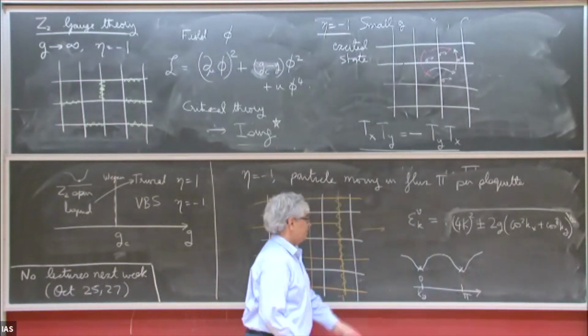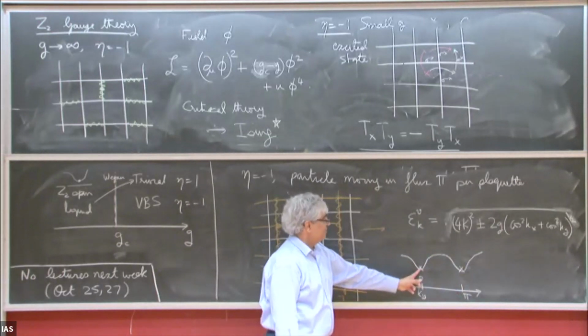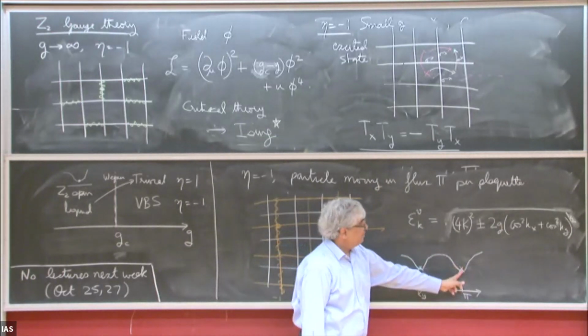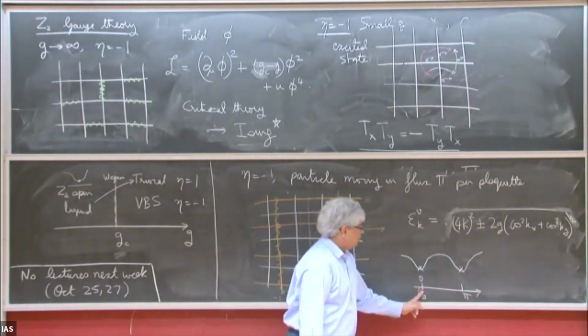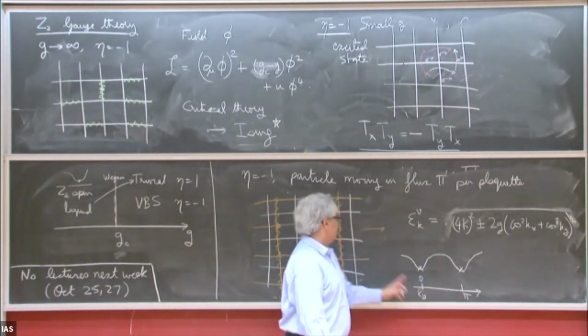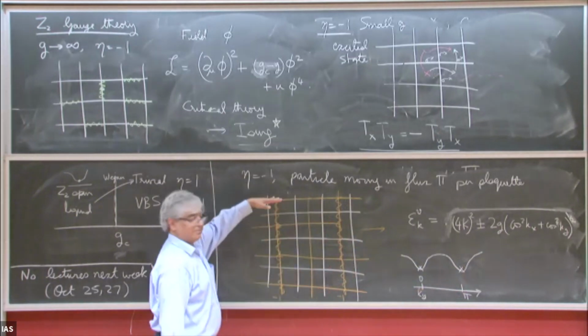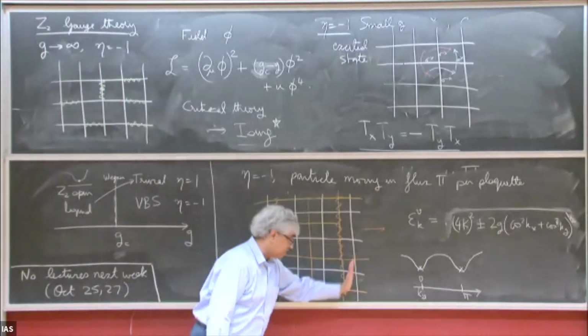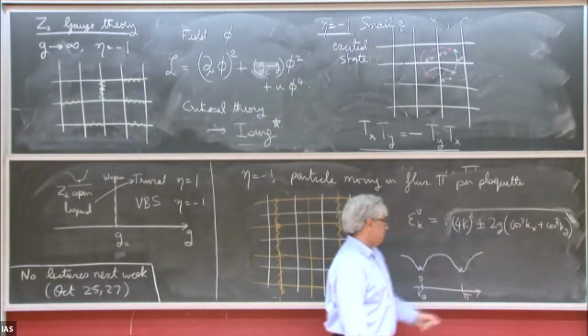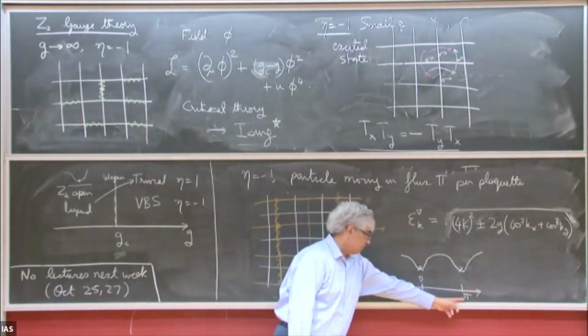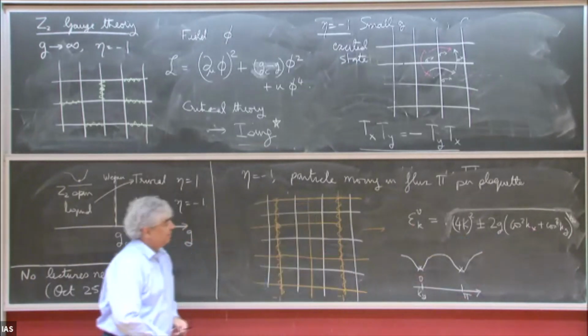So for every particle state at this point, there's another particle state near pi. These are distinct points because the unit cell in the y direction has not been doubled. It's only been doubled in the x direction. So kx equals 0 and kx equals pi are the same point, but ky equals 0 and ky equals pi are not the same point.